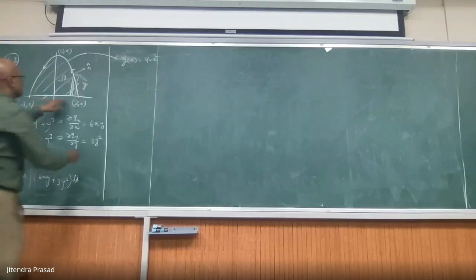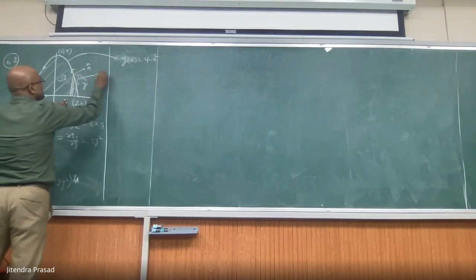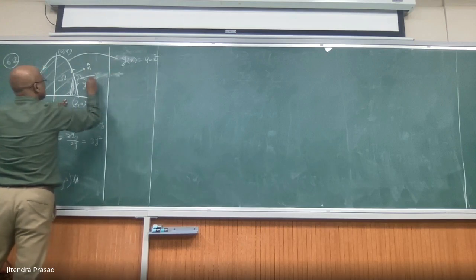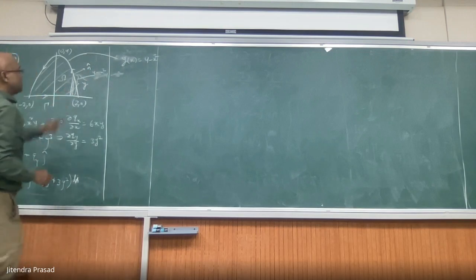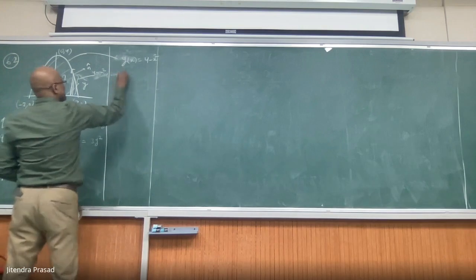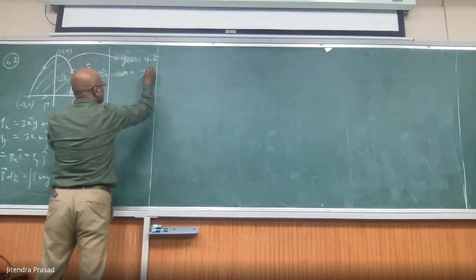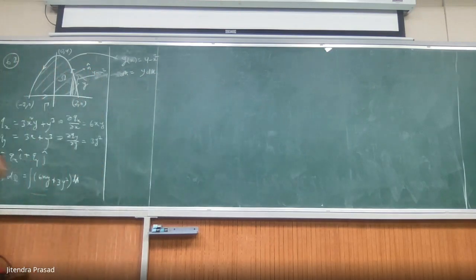The length of that, this is y, y is equal to 4 minus x square, multiplied by dx. So dA, the area, is nothing but y dx. Now you can integrate over x.